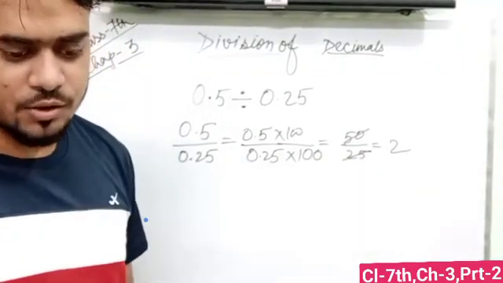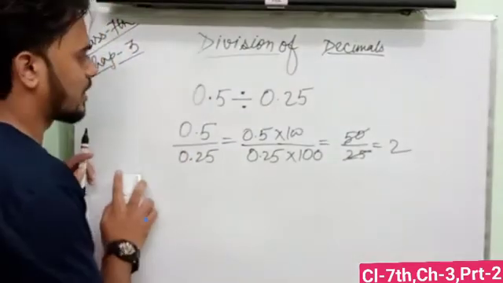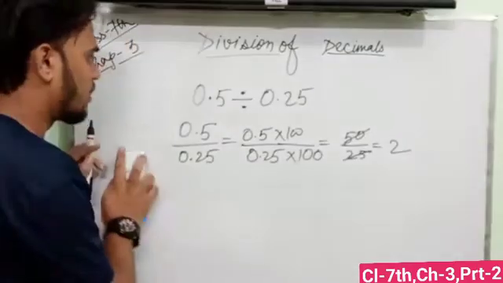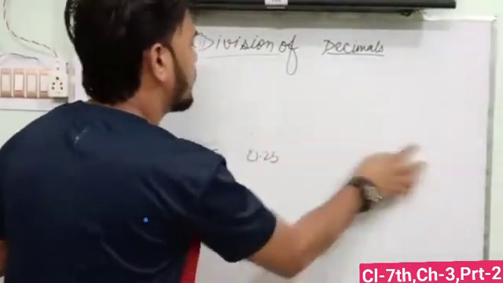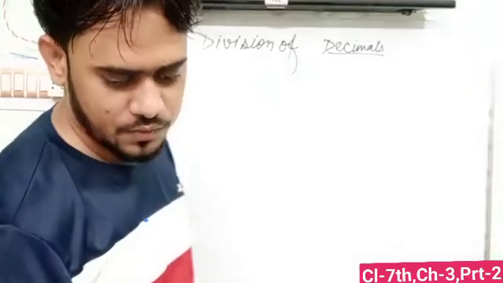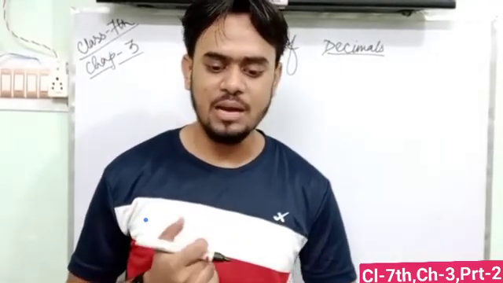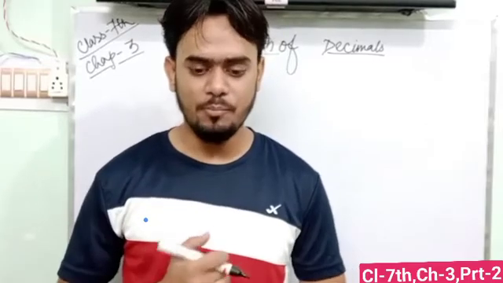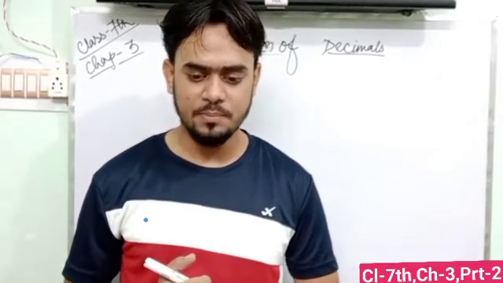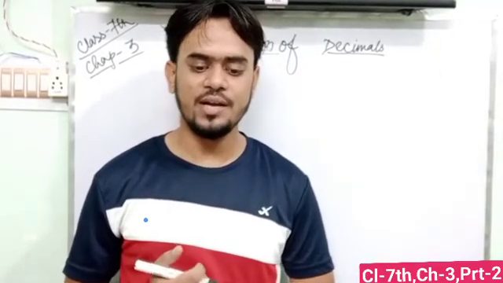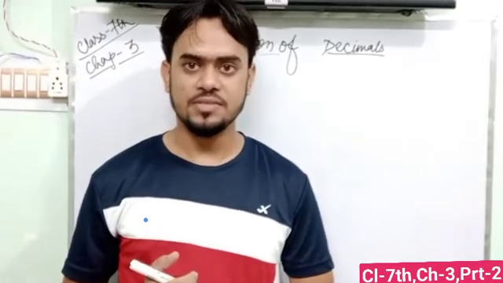Now there is one question of your exercise that I am going to solve. Here is a word problem: how many bottles of cough syrup can be filled from 17.28 liters of syrup if one bottle can hold 120 ml of syrup?